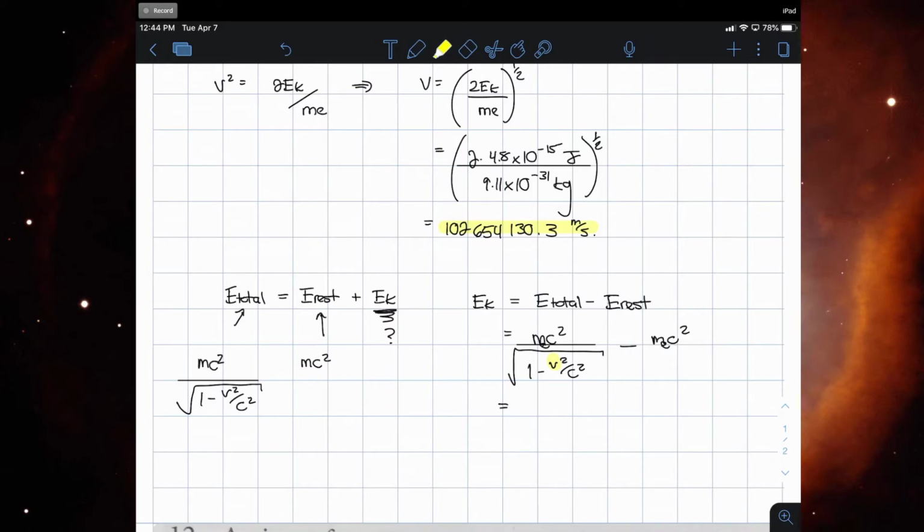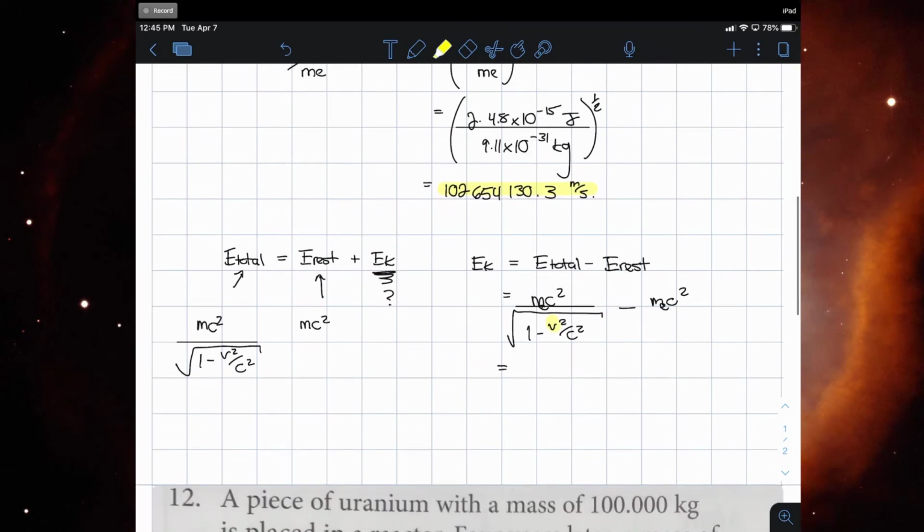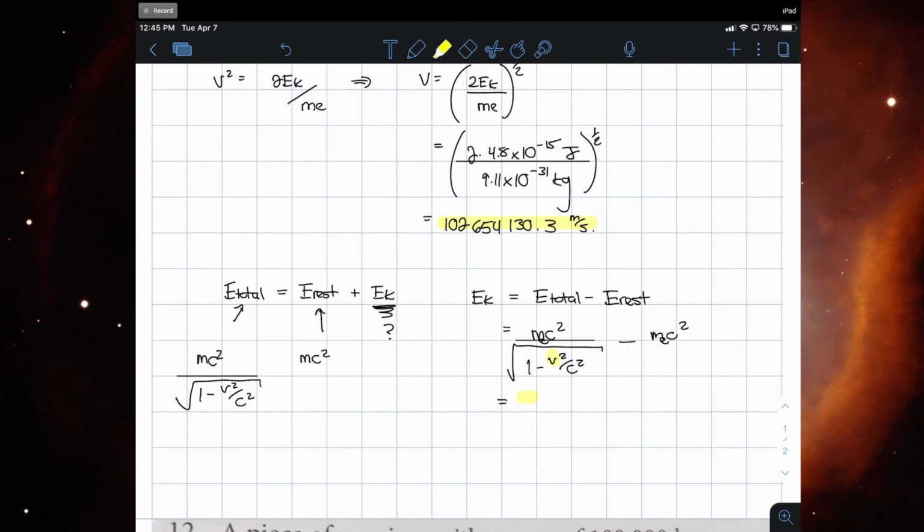Minus, so when I do that, I get a kinetic energy of 5.267715171, and of course that's measured in joules.